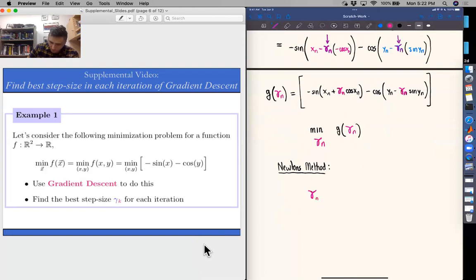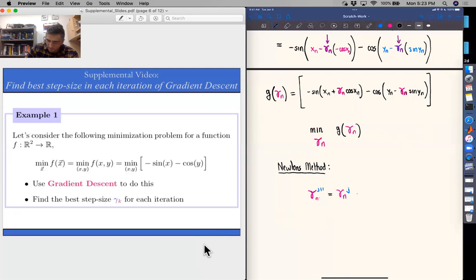So let me write what we have now and define some things. This gamma sub n, superscript j, is the jth guess at what this gamma would be. So this is how we're churning out better and better gamma approximations just in this particular step of gradient descent.